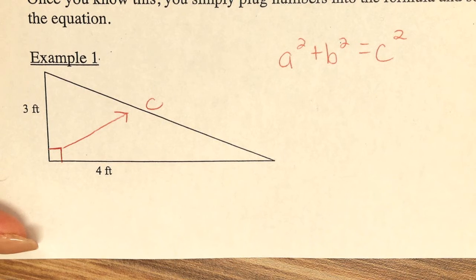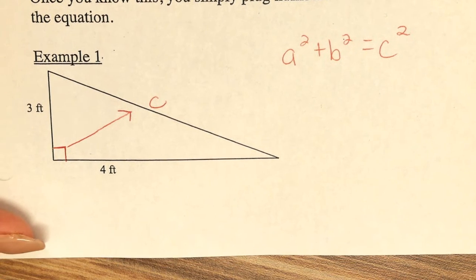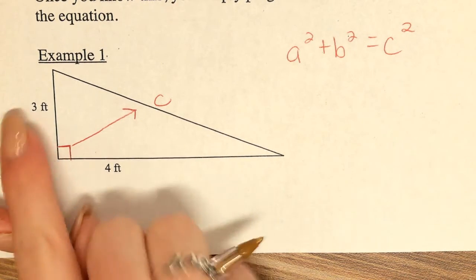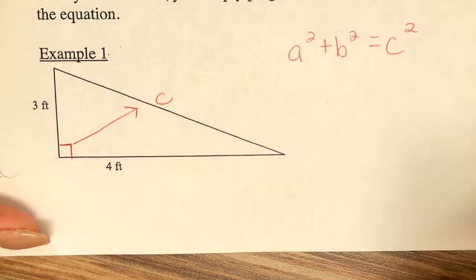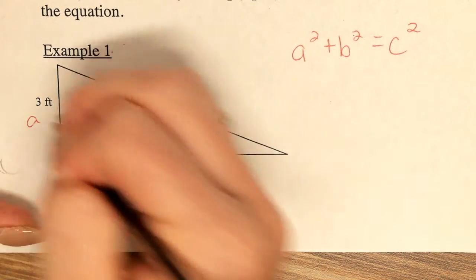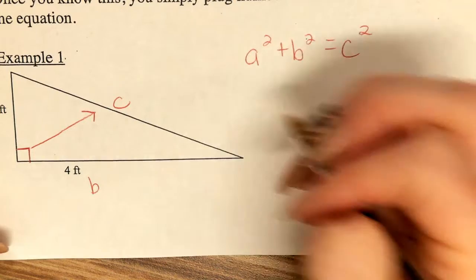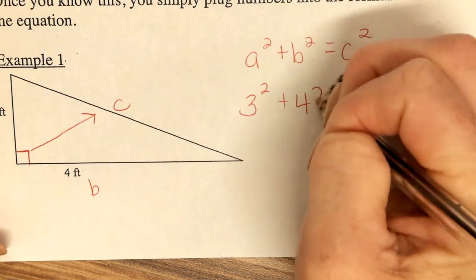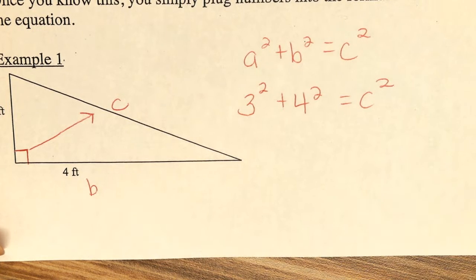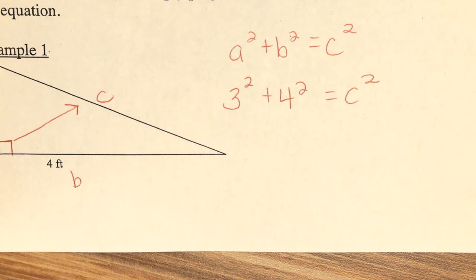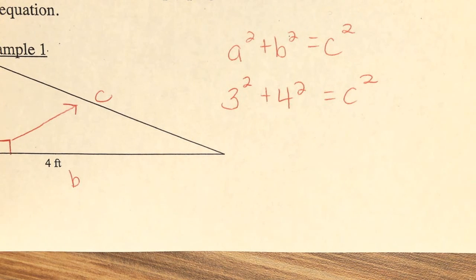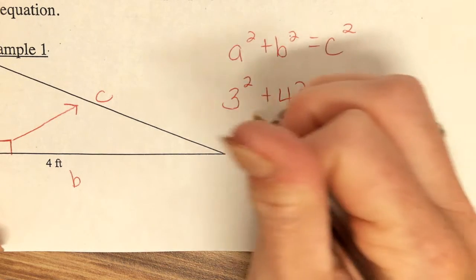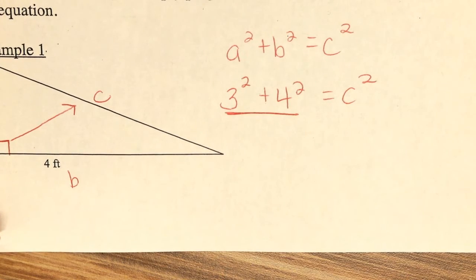And this is on your star chart. Okay, which side do y'all want to call A and which one do y'all want to call B? Okay, 3 is A and 4 is B. So I'm going to do 3 squared plus 4 squared equals C squared. Am I going to add or am I going to subtract? When you're solving for C, you simply add.